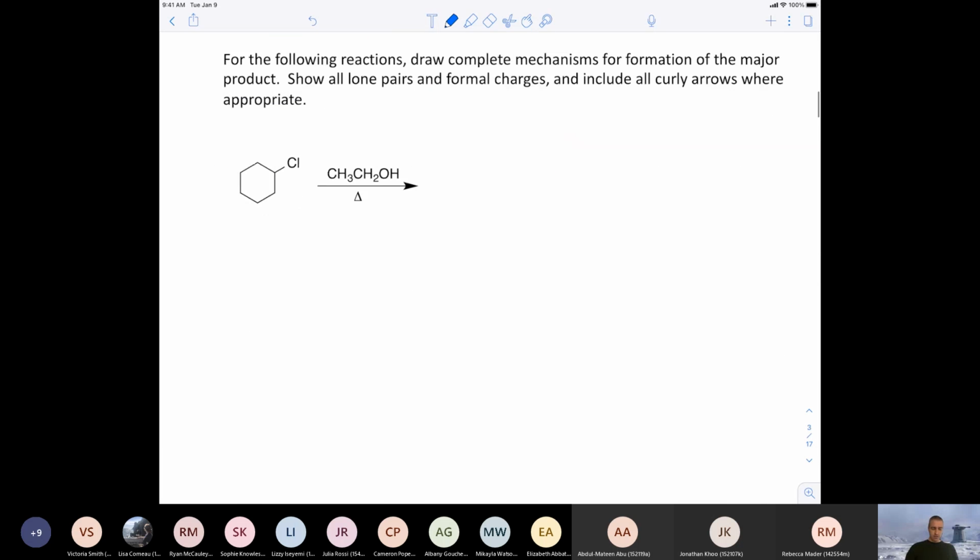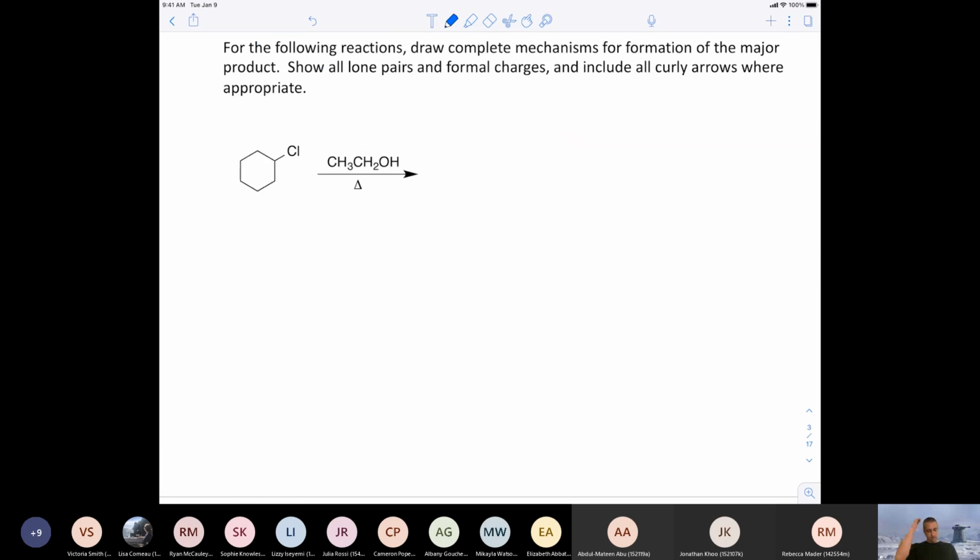For the following reactions, draw complete mechanisms, same question. Our starting alkyl halide is what? Methyl, primary, secondary, or tertiary? Good, secondary. We have an alpha, we have a beta, we have a beta. What are our conditions? Do we have a bulky alkoxide?